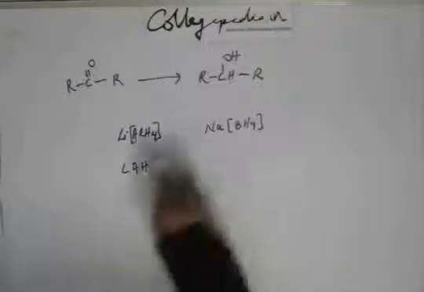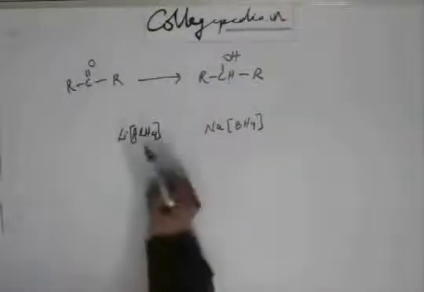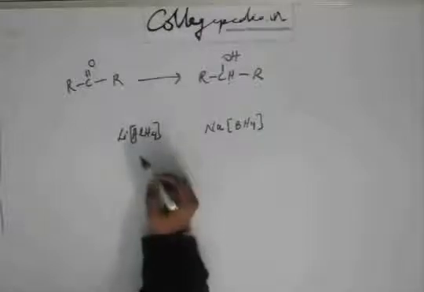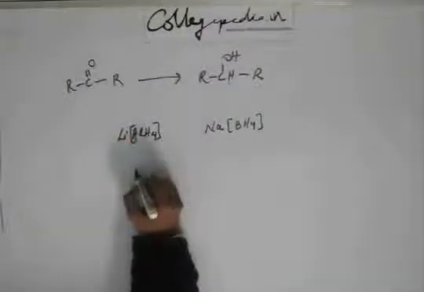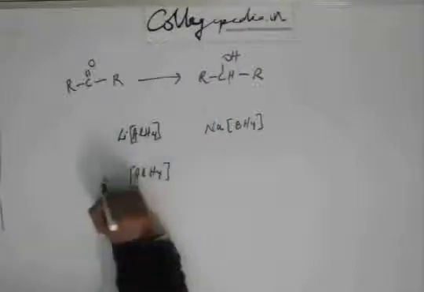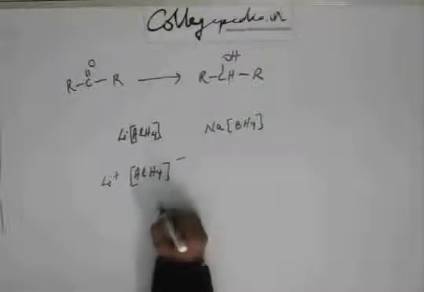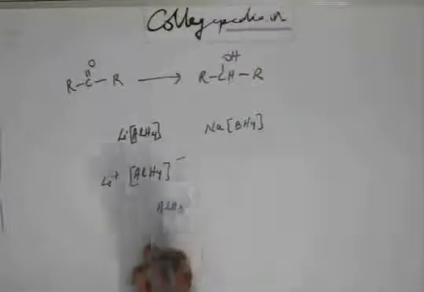Fine. So we have seen these two before, and we know that they generate hydride ion. One molecule of lithium aluminium hydride will react with 4 of them. Generally what happens is, lithium aluminium hydride has this cationic part, Li plus, and this anionic part, AlH4 minus. Now aluminium hydride is AlH3.